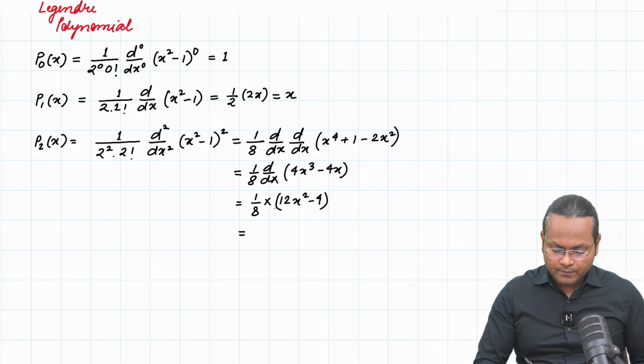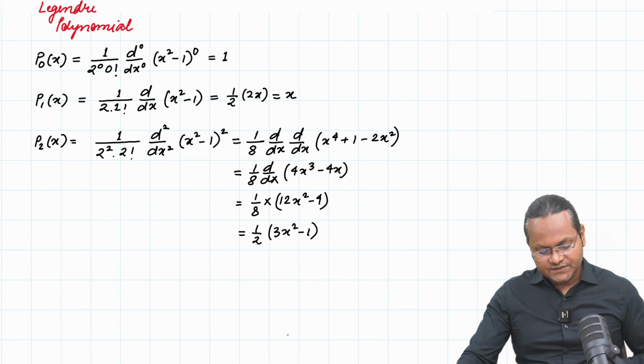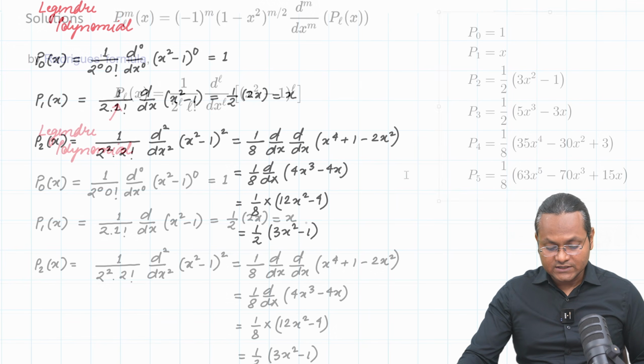This ends up becoming, so I can write 2 here, 3x square minus 1. So there you have it, the first 3 Legendre polynomials.